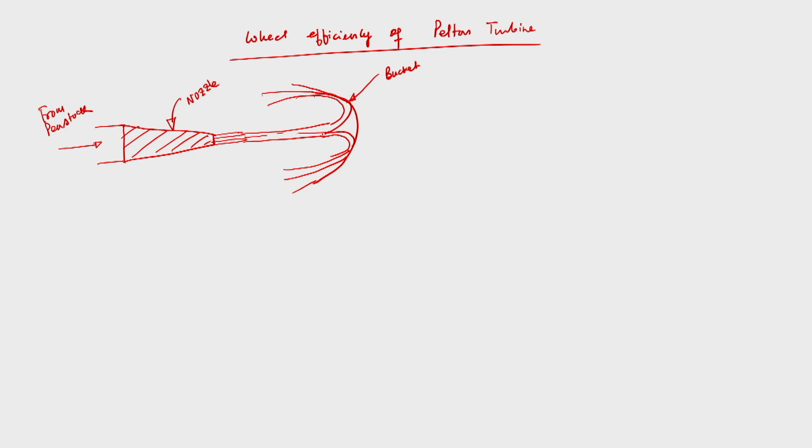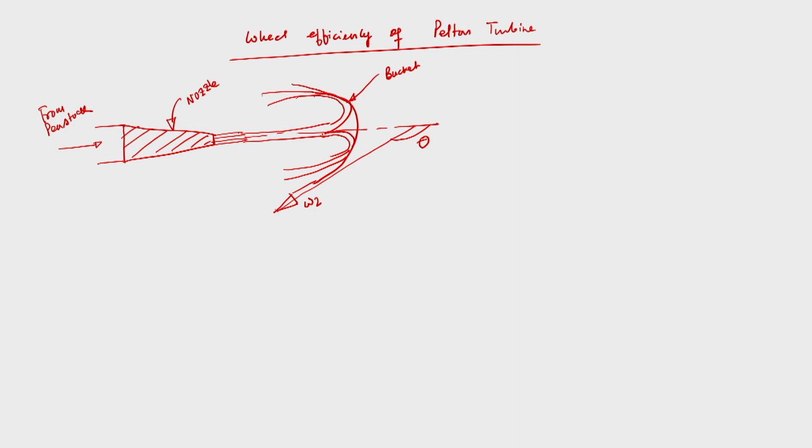Now we need to draw the velocity triangles. For the fluid coming out from the nozzle, if I extend this portion, then this angle is theta, and this is the relative velocity at the outlet.